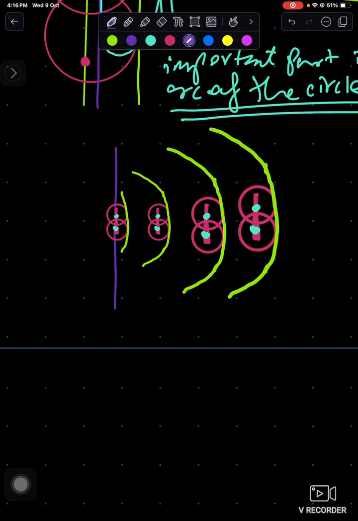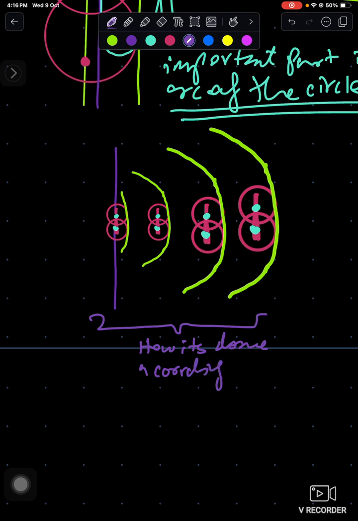This is how you can illustrate how it's done according to the Huygens' principle.